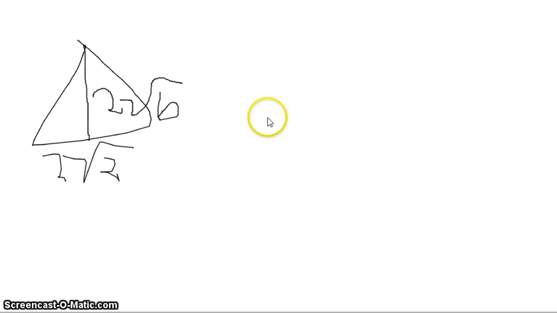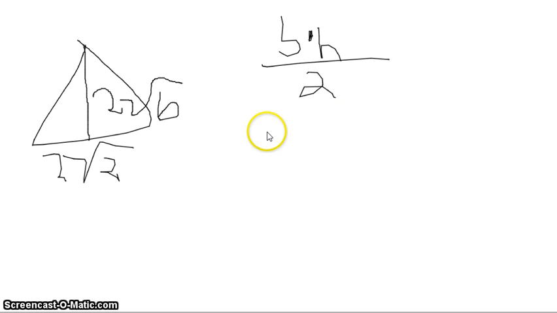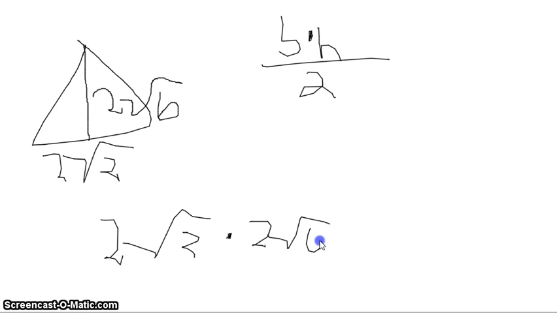So basically you do the base times the height over 2. The base is 2 radical 2 times 2 radical 6, which equals 4 radical 12.